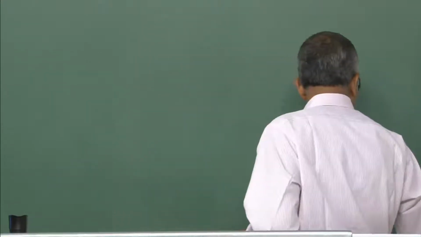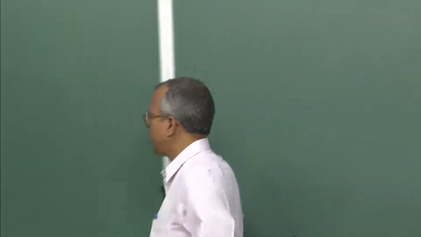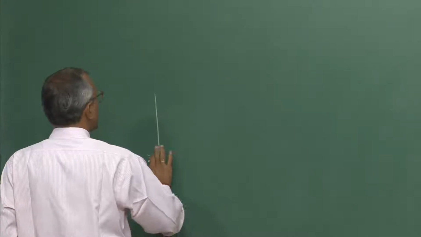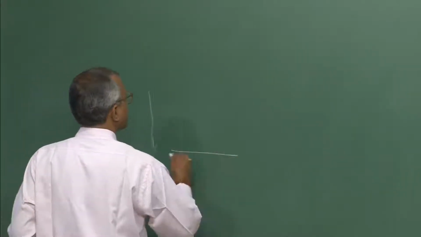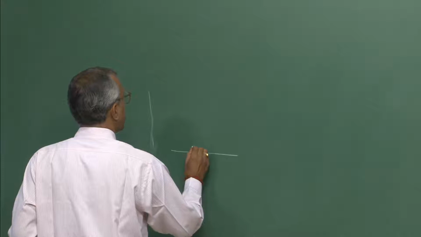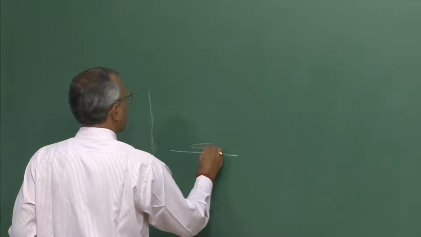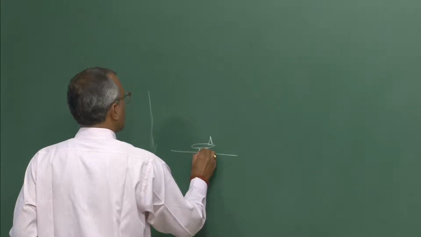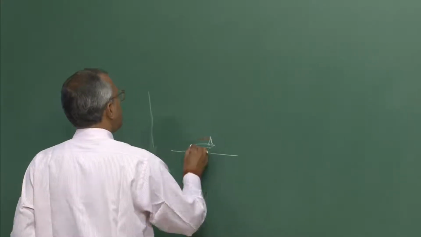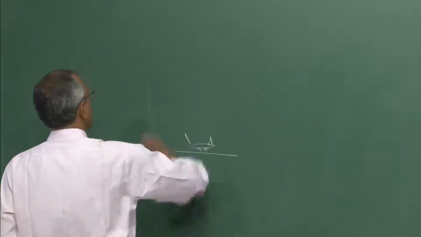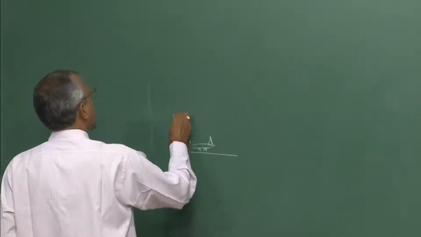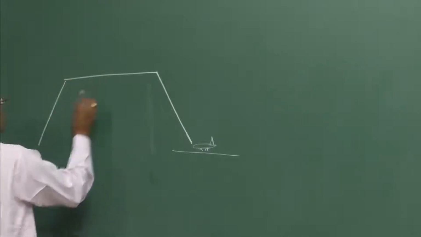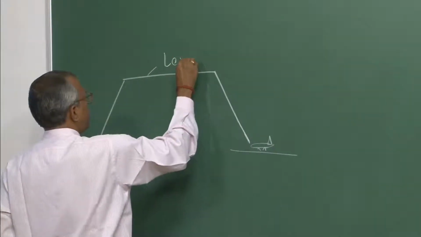So, if you look at the aircraft taking off from the ground, let us say this is the ground, this is your aircraft, and it will be moving, ascending, and this will be level flight and this will be descending. That means, this is known as level flight.